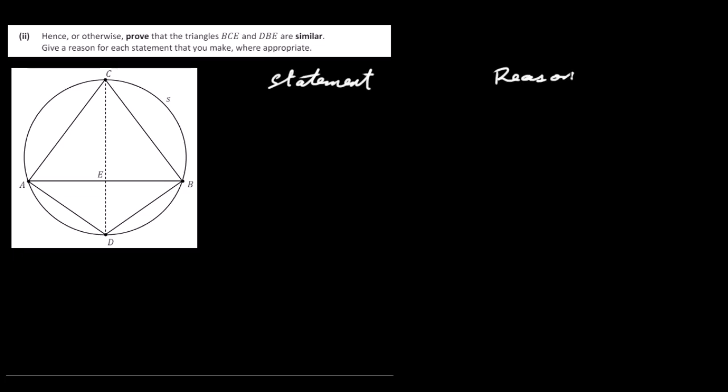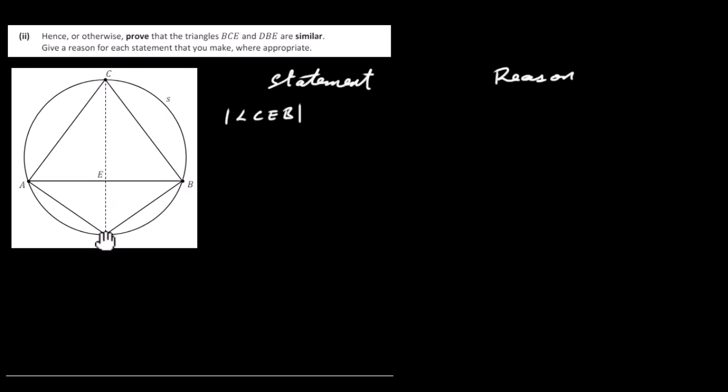So let's start. The first thing I'm going to say here is that the size of the angle CEB. By the way, do draw in these vertical lines here, they mean the size of the angle. If you leave those out, you're just referring to the angle itself rather than the size of the angle. So we're talking here about the size of the angle CEB.